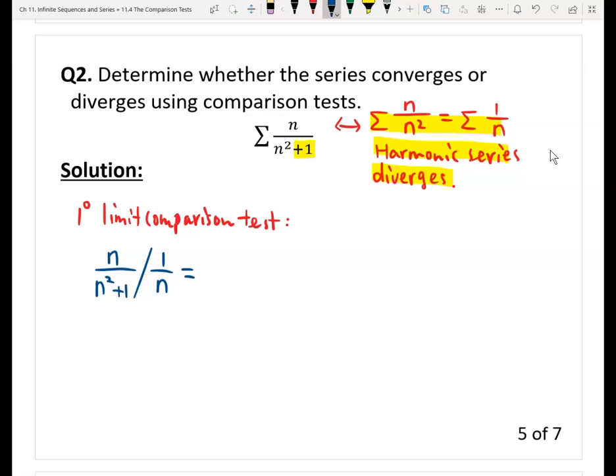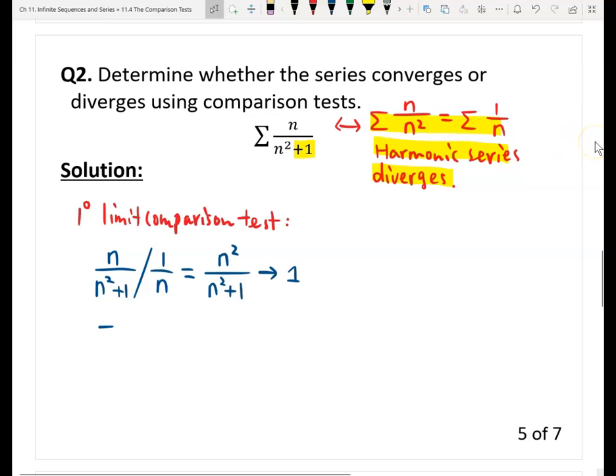And we need to find the limit. Simplify, which means times n, and then we get n squared over n squared plus 1. We just divide both numerator and denominator by n squared. So what do we have? The limit is exactly 1.